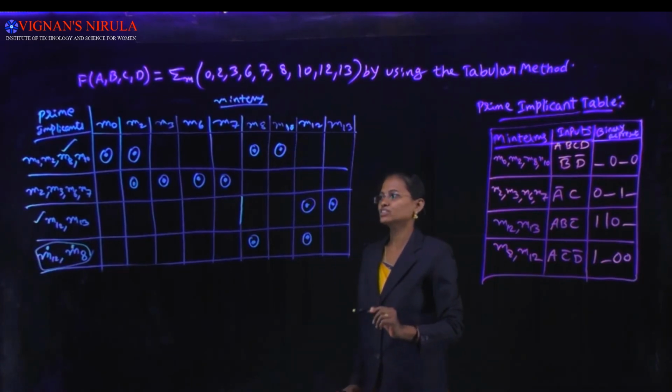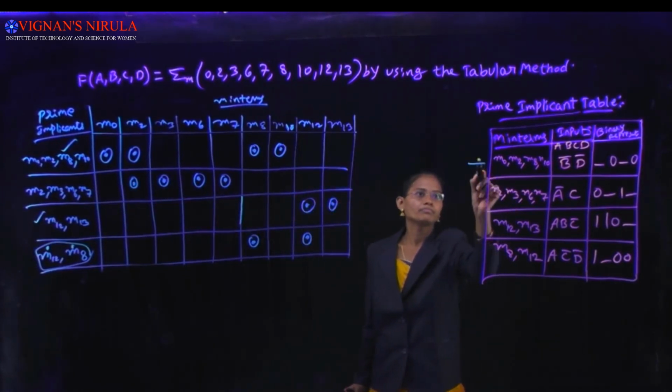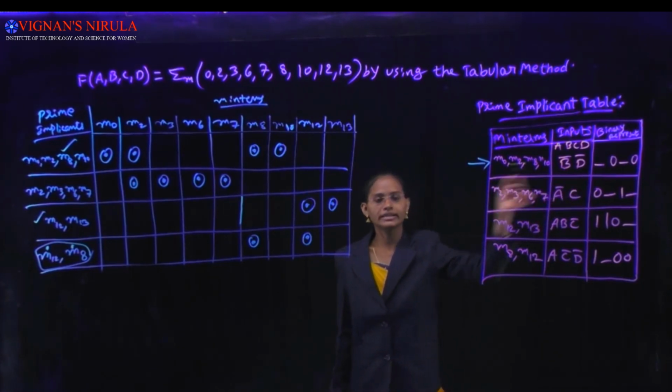How to write the equation? Here M0, 2, 8, 10. In this group, what is the equation? This is B bar D bar.